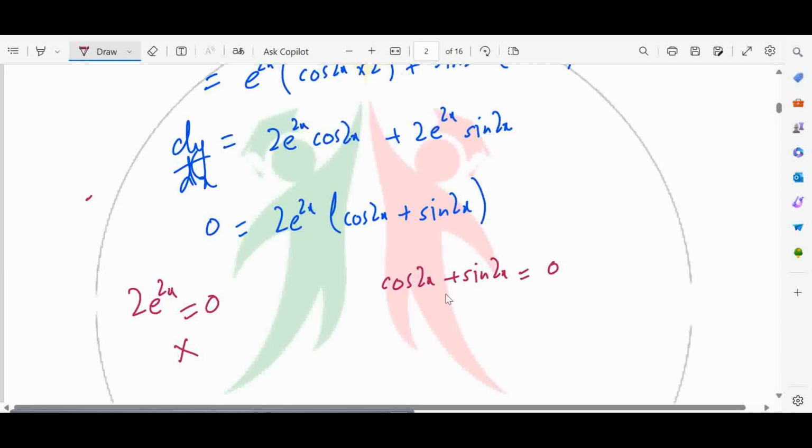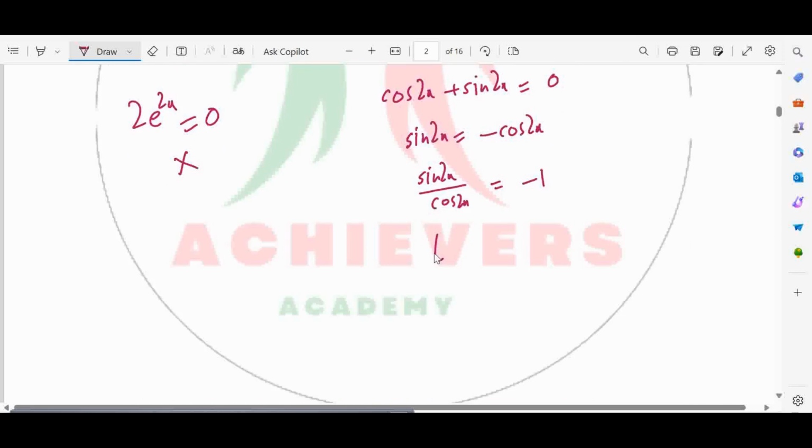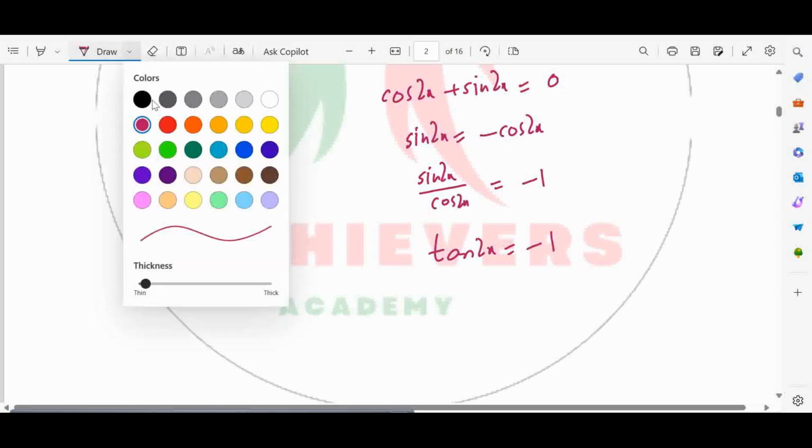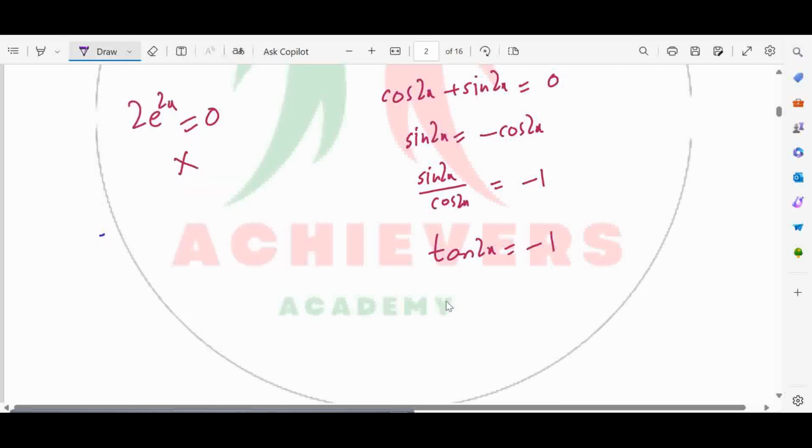Now if we simplify it, this will be sine of 2x is equal to minus cos of 2x, and if we cross multiply it, sine 2x by cos 2x will be equal to minus 1, and then this will be tan 2x is equal to minus 1. Now if we use the basic trigonometric forms, let's find out the reference angle first.